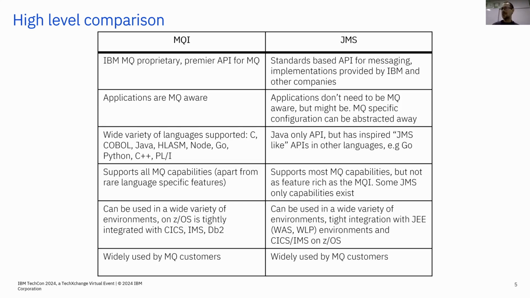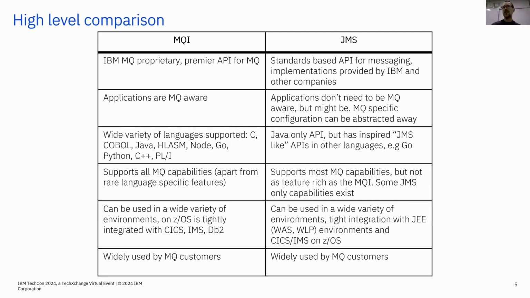It depends on whether you stick to the standard interfaces and abstract away the configuration. And again, I'll touch back on that in a minute. As I showed in my first slide, the MQI supports a wide variety of languages, some modern, some less so, whereas JMS is really only an API for Java, but it has inspired JMS-like APIs in other languages, such as Go, and it also inspired the XMS set of languages as well.